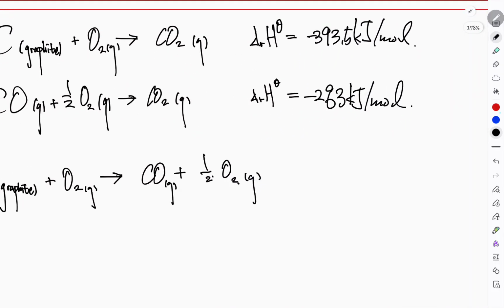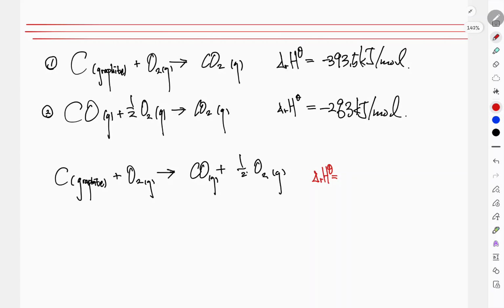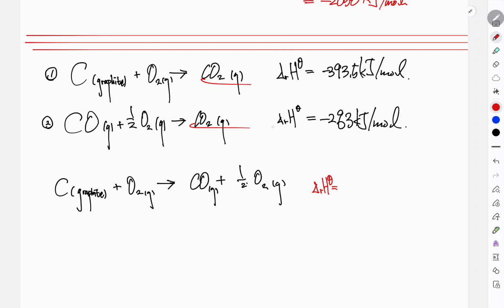For this one, we look at these two chemical reactions first, and then we would like to remove this CO2 and leave the graphite and the carbon monoxide. So what we should do is make the reverse of the second chemical equation.